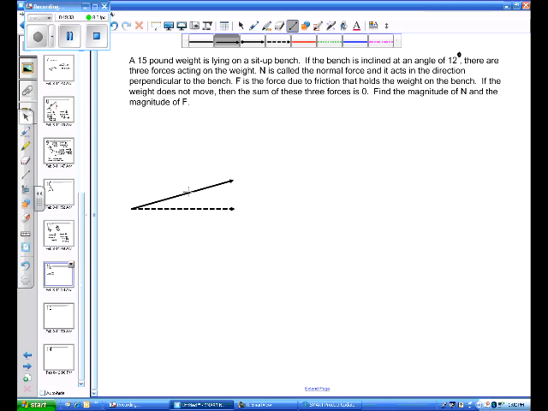And so the weight, remember, weight always goes perpendicular to the ground. So the force acting upon the weight would be here. So we have our weight, and it told us that the weight was 15 pounds, so we know that force. And we know that our angle is 12 degrees.